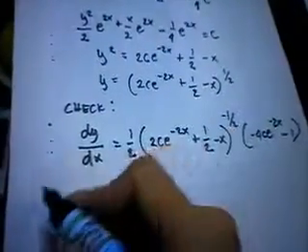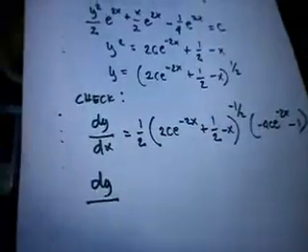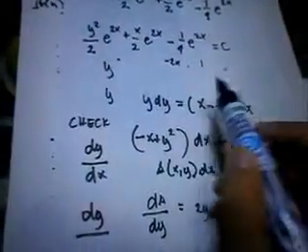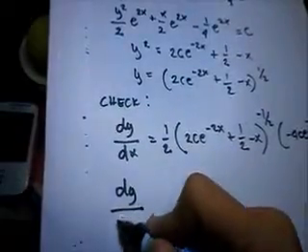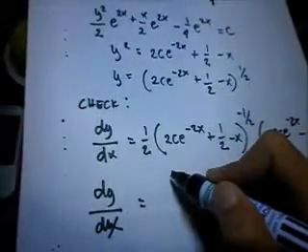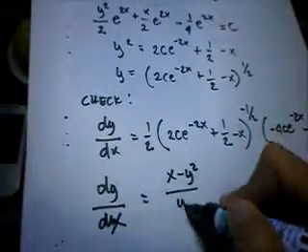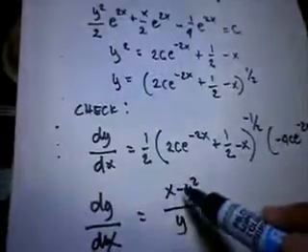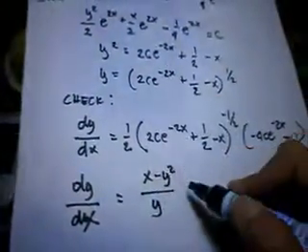So our original function was this one, right? This is our original equation. We have dy dx is equal to x minus y squared over y. So our value of y here is this one. Let's substitute that one.